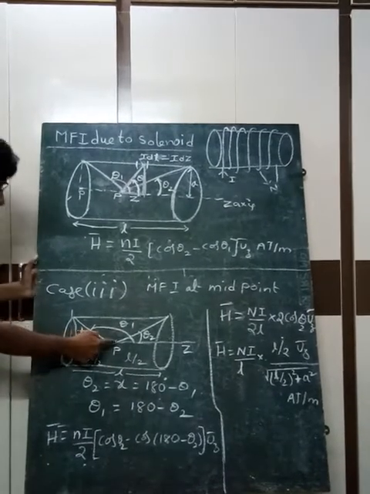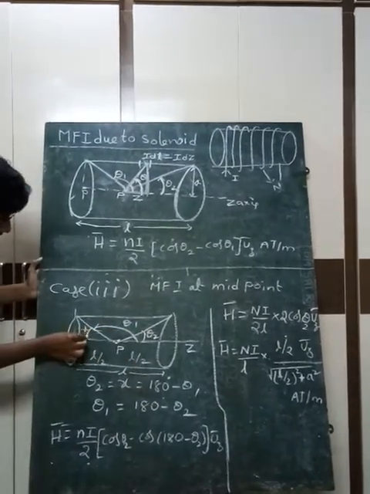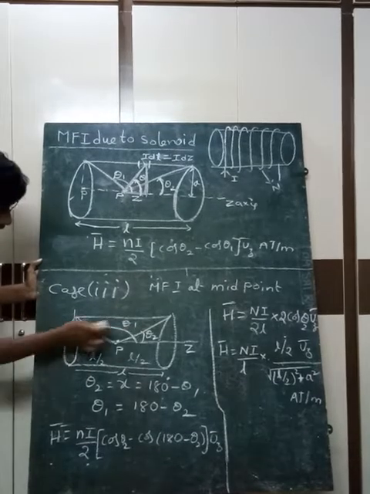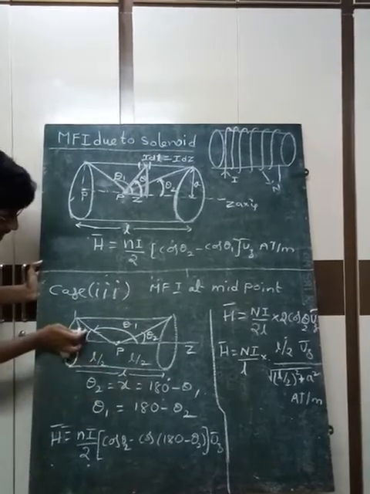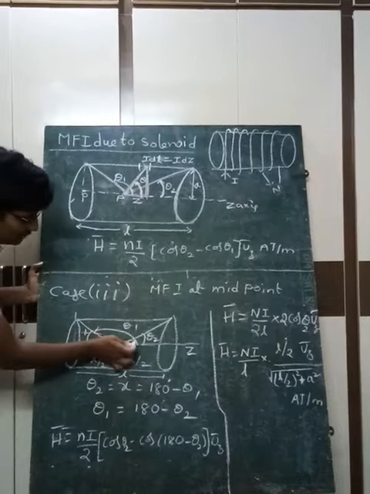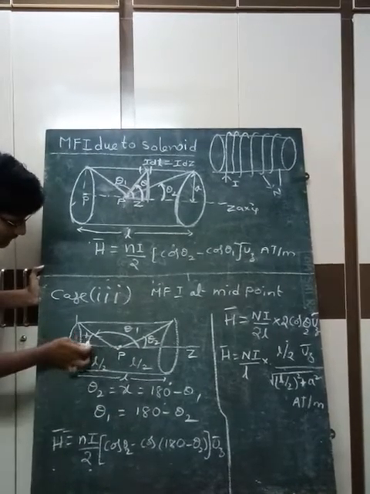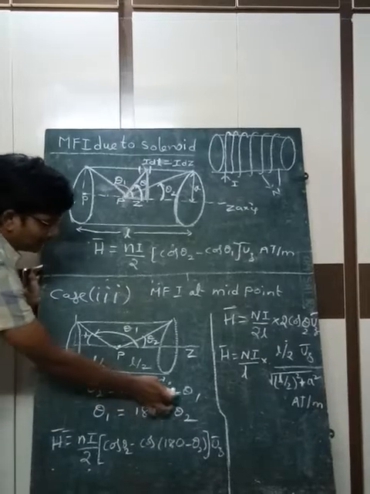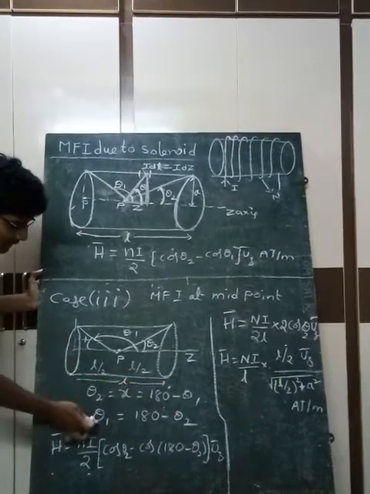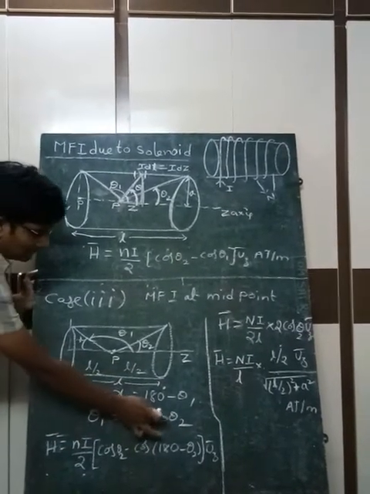So here this theta 2 is equal to this angle, let it be x. So theta 2 is equal to x, and this x is equal to 180 minus theta 1, since the total angle is 180 and this one is theta 1. From this we can get theta 1 is equal to 180 minus theta 2.